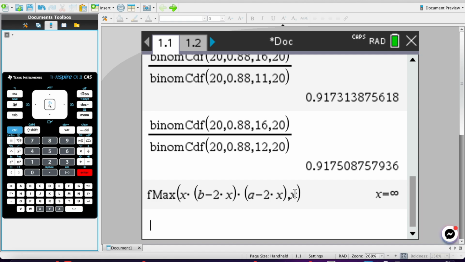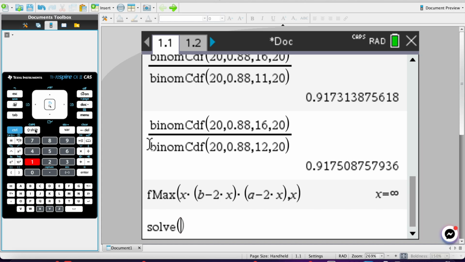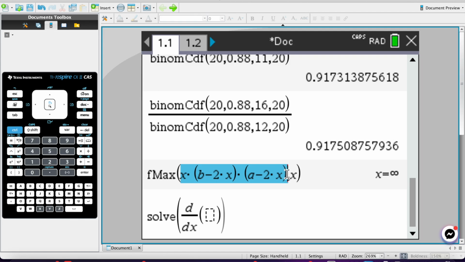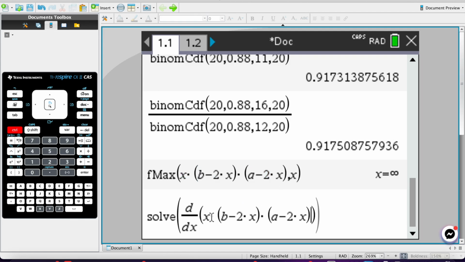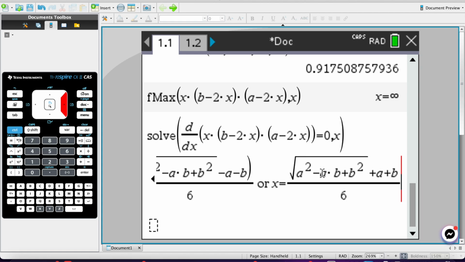What have I done? I guess we have to differentiate and let it equal to 0. So menu 3 1, the derivative of this equals 0, comma x, and we get A plus B minus the square root, or A plus B plus.